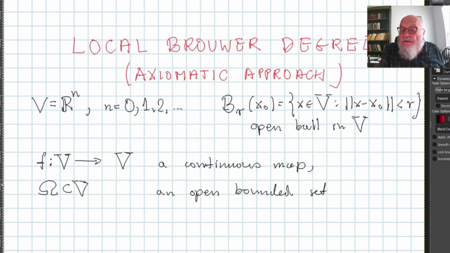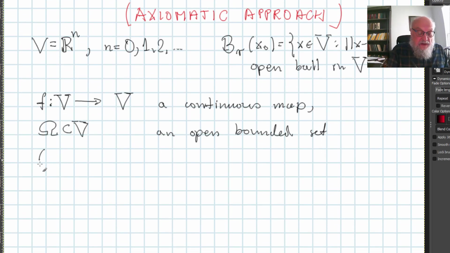We will say also that this map and this particular set, maybe call this a definition. So let me erase it first. Okay. So definition.